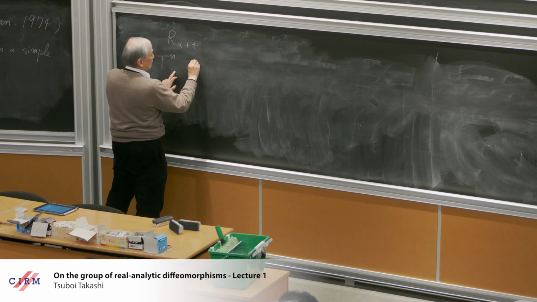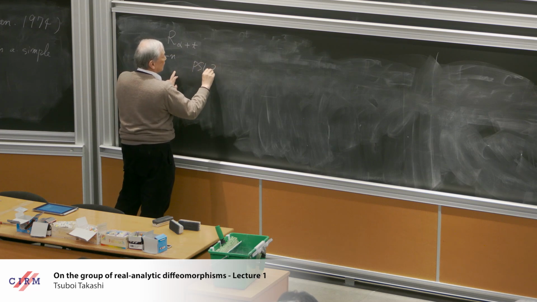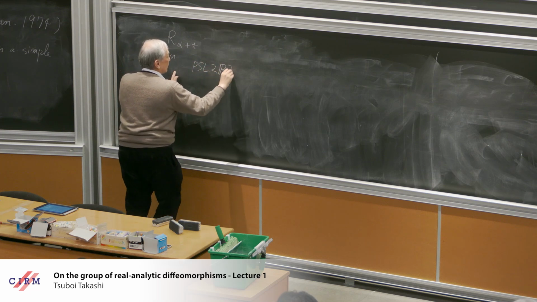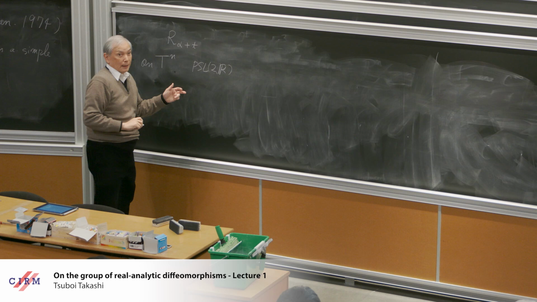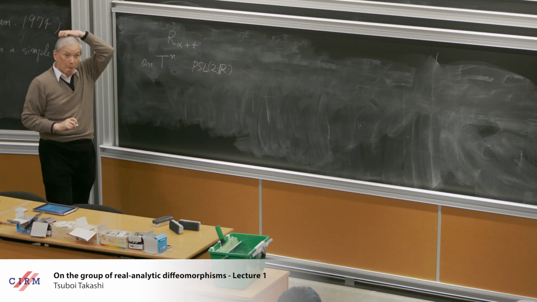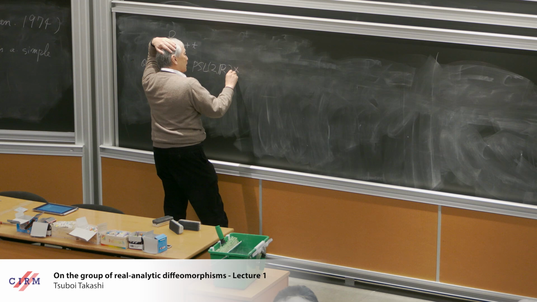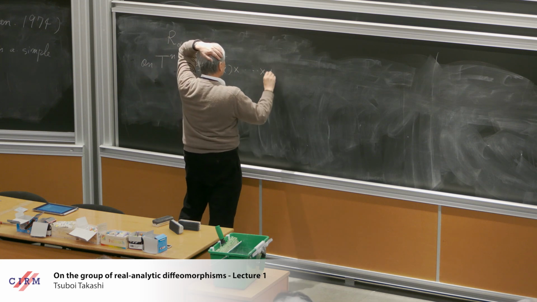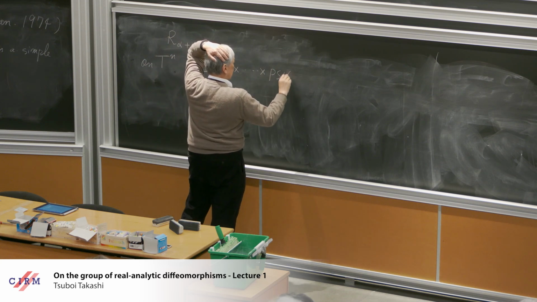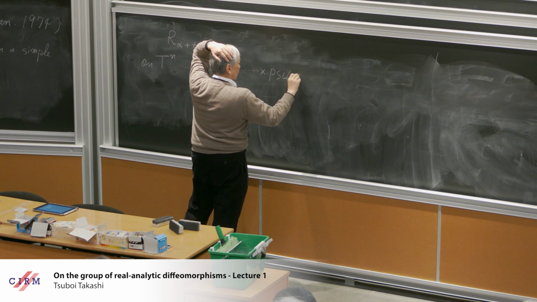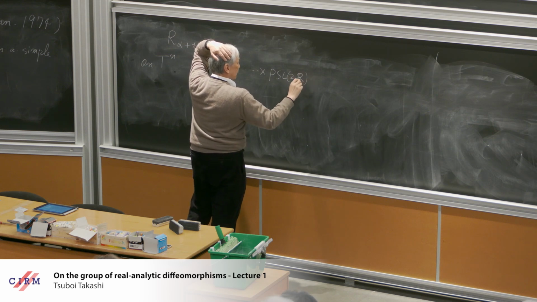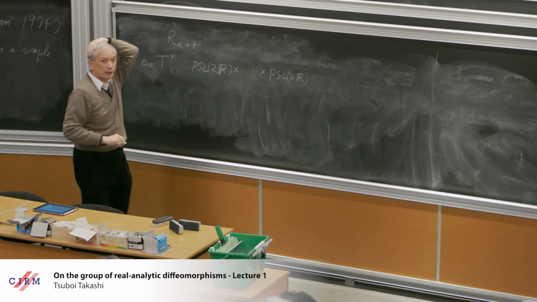You know that PSL2(R) acts on the circle. Okay, no problem. So on the torus, for each coordinate, PSL2(R) can act.